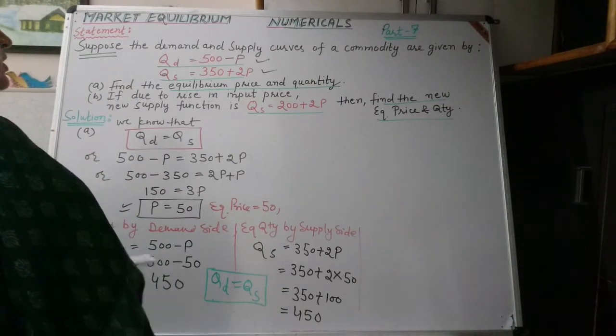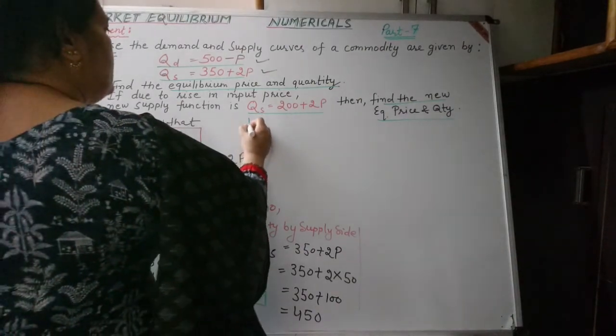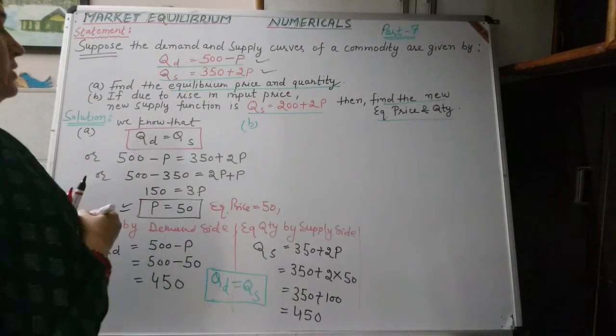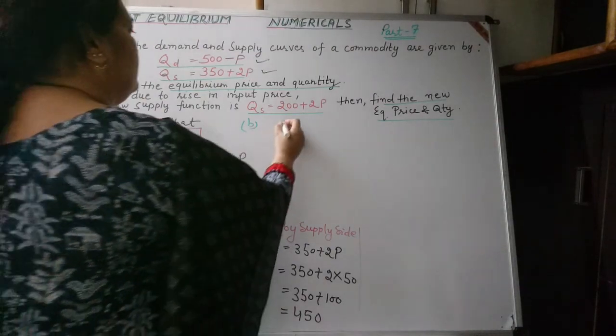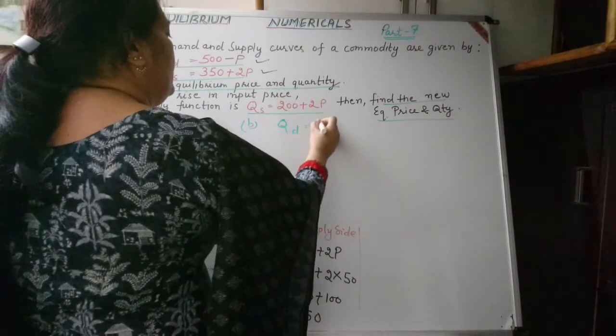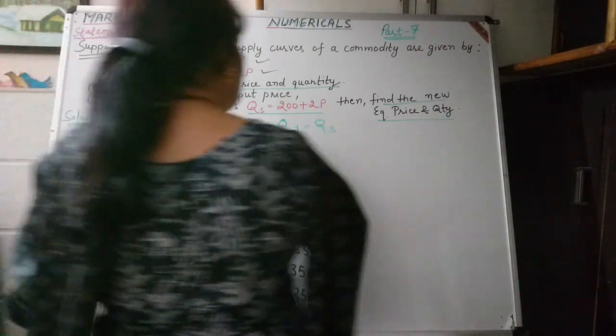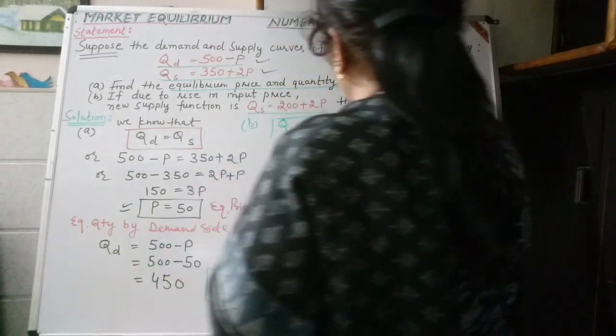Now for the second part of the sum, he is saying that we know that quantity demanded is equal to quantity supplied. This is the equation.